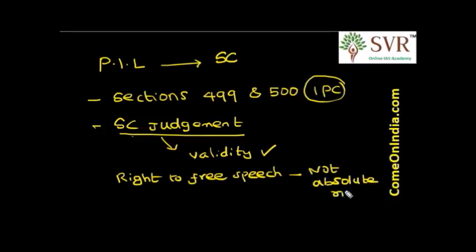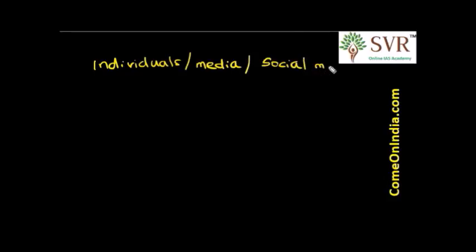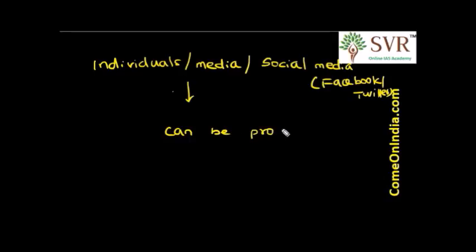So, individuals and media organizations, including social media platforms, can be prosecuted for defaming someone. This is one of the major implications of the Supreme Court judgment.